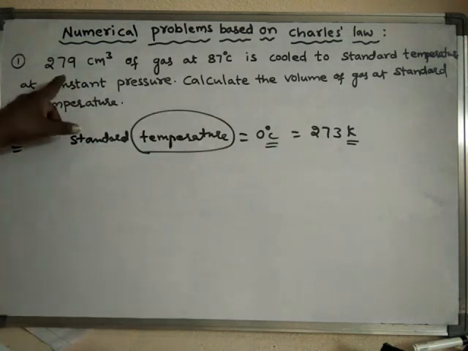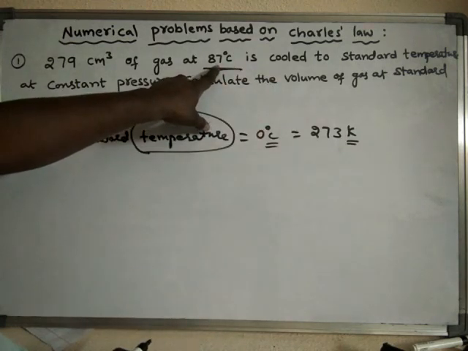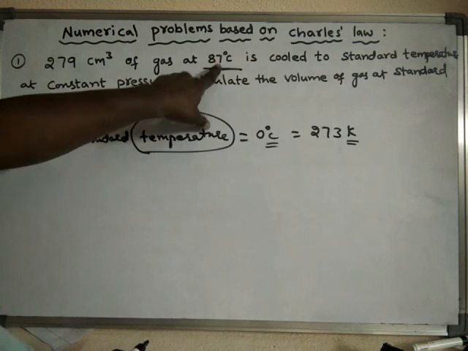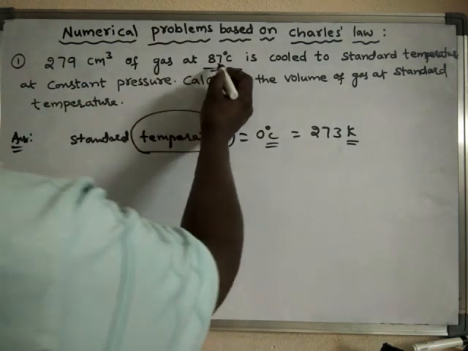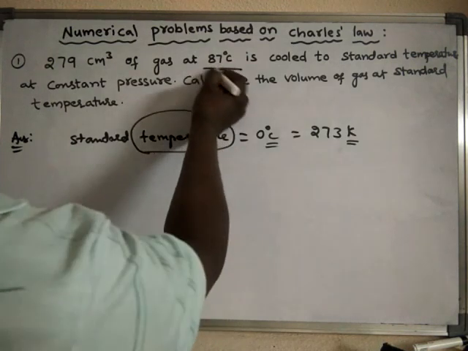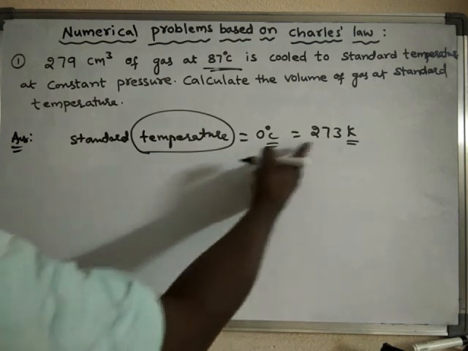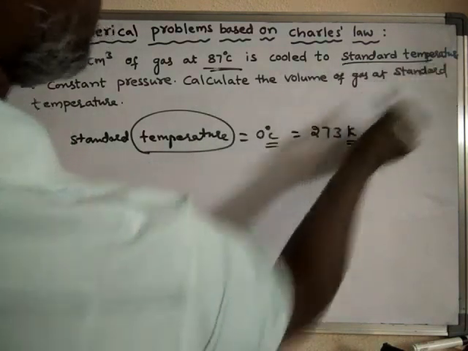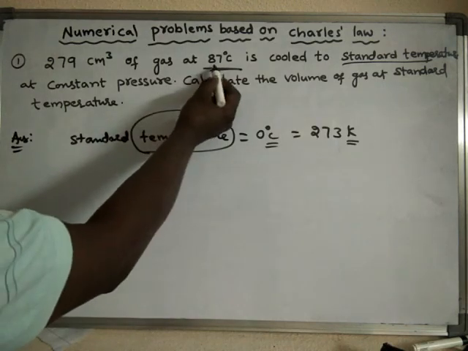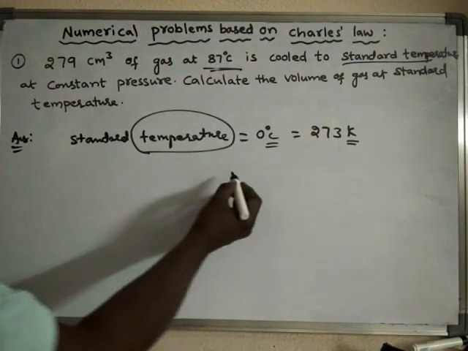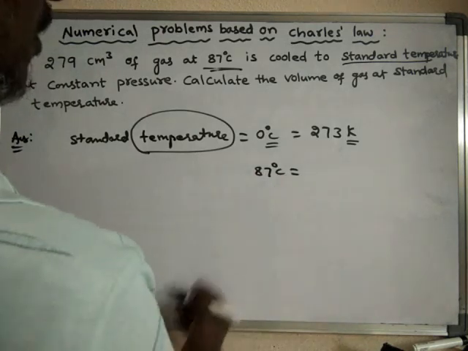Okay, so initially the gas is at this temperature, that means 87 degrees centigrade. So what is its value in kelvins? Standard temperature is 273 Kelvin, and 87 degrees centigrade is equal to how many kelvins?